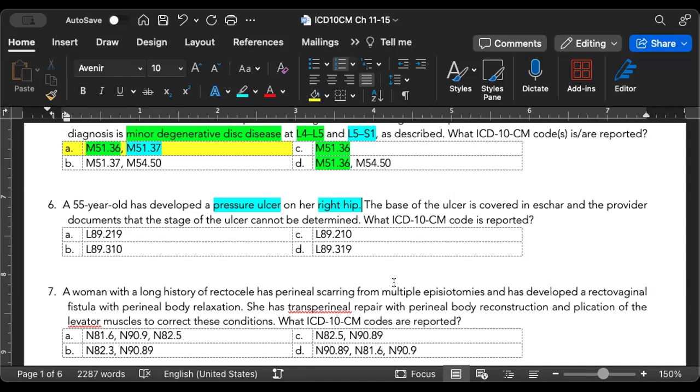Okay, so we've got L89.219. Got a couple of people saying L89.219.